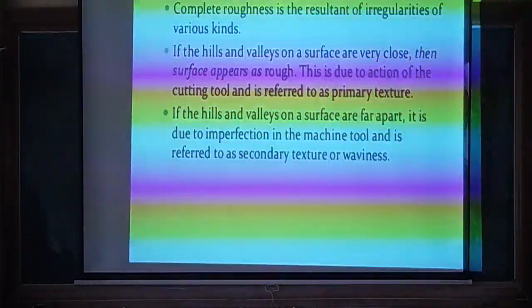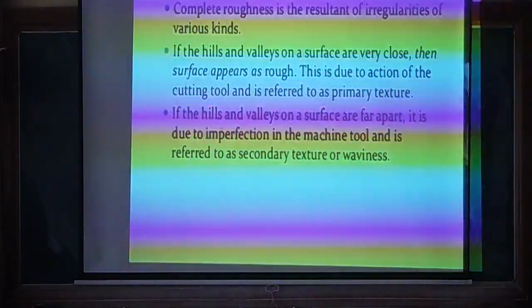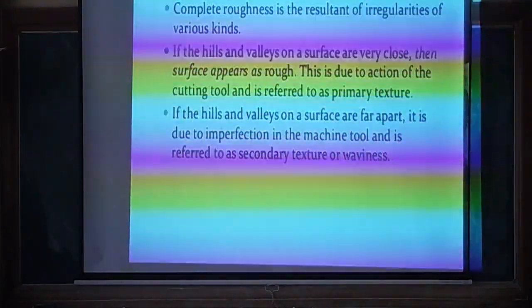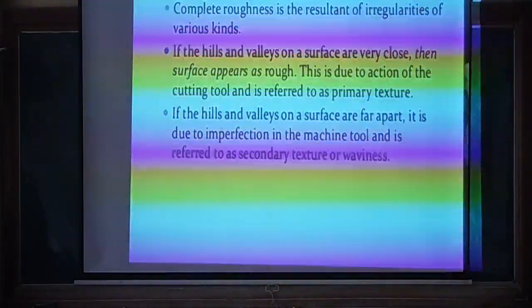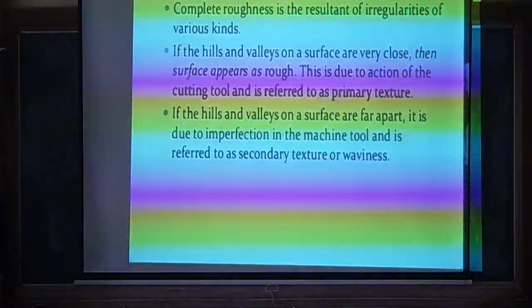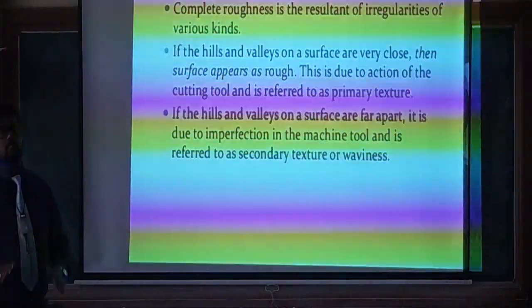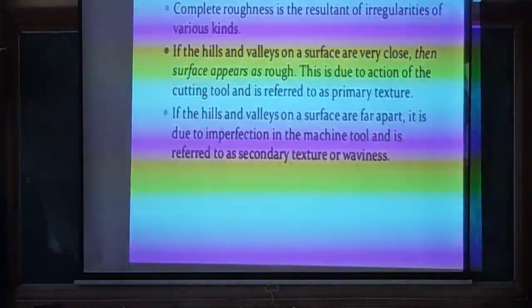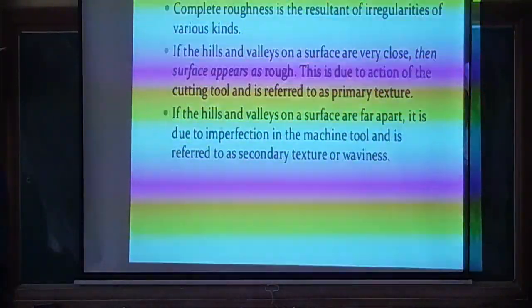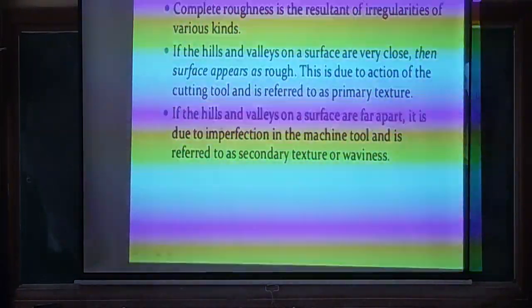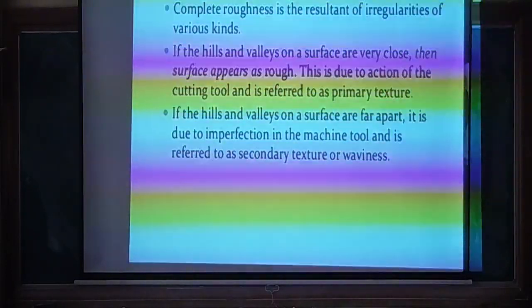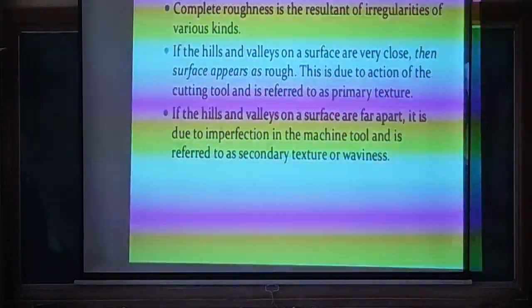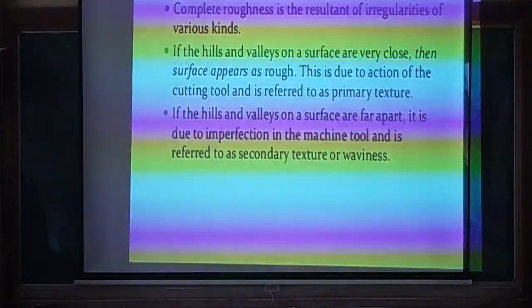And in the introduction again, the difference between the two hills and valleys: if the valleys are close, then we call it surface roughness, and if the valleys are far apart, then we call it an imperfection or a secondary texture or waviness.